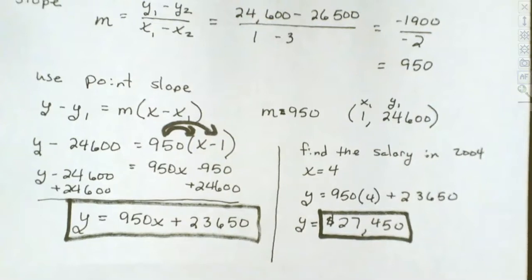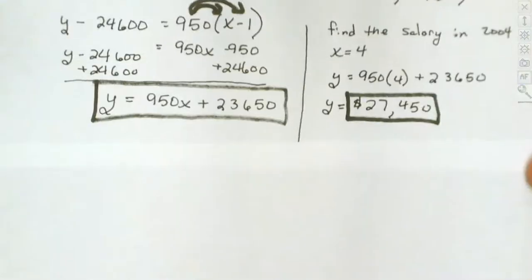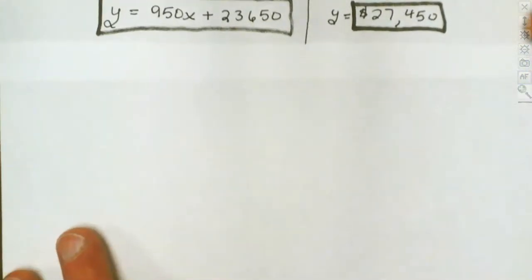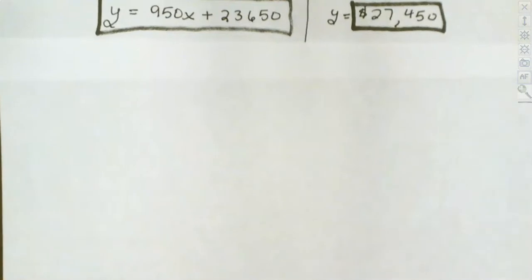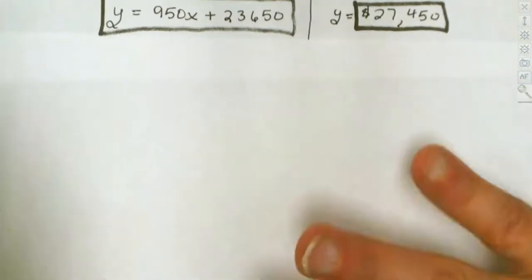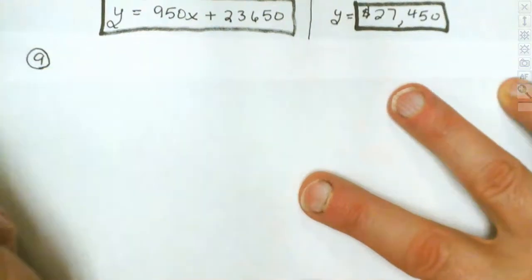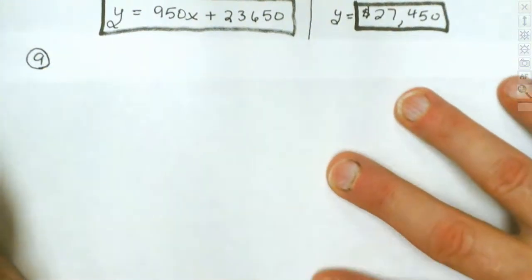Another one that we'll look at is question 9. Very, very similar. And you got these worked out, so you can go back and look at them again if you need to. And I'll have this posted also. But question 9 is very similar. We have to find the equation.